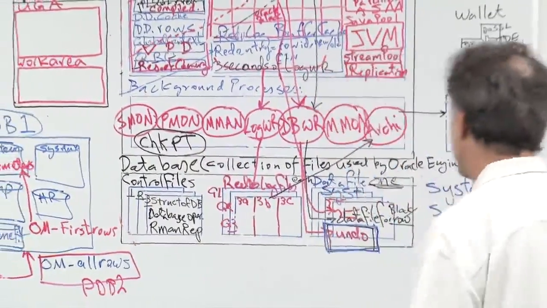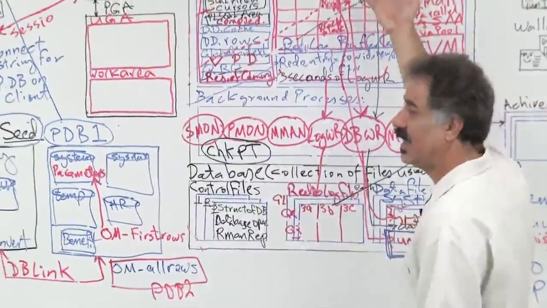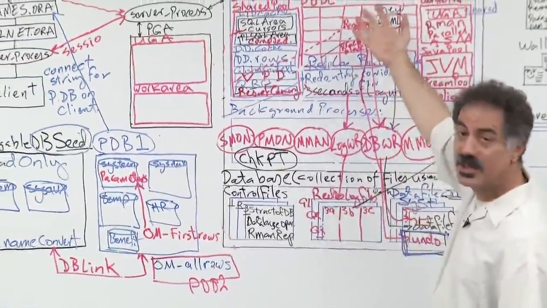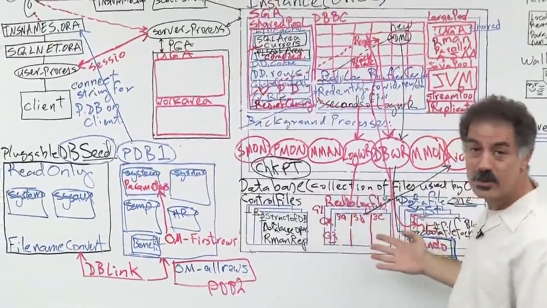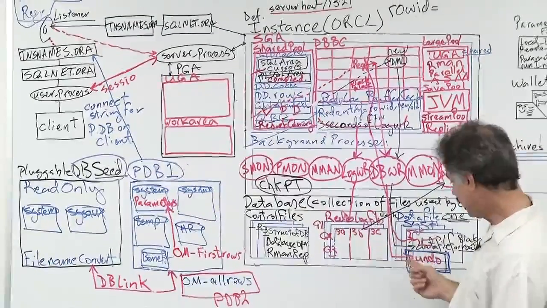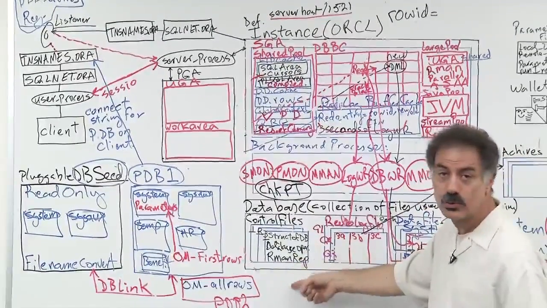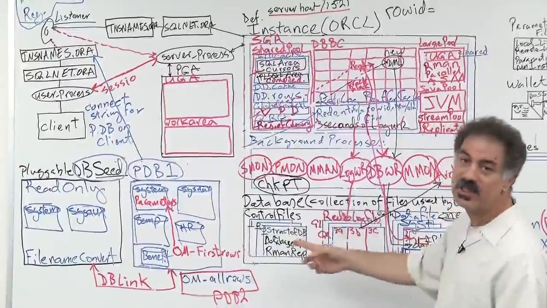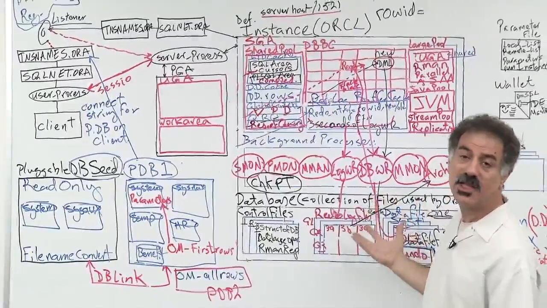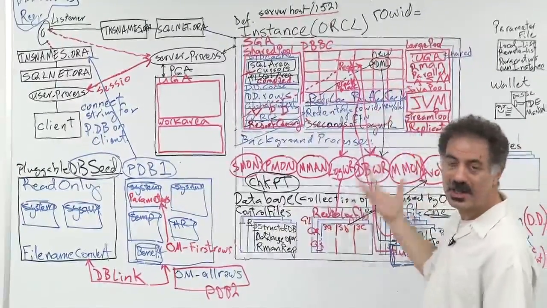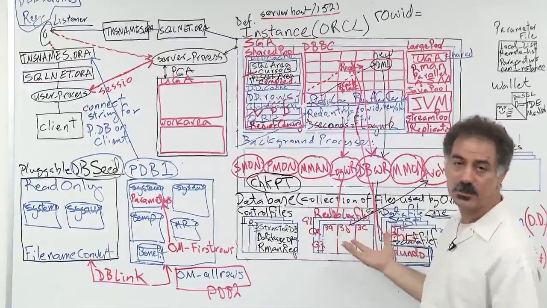So just a quick review. The container has the main database, my instance, and the main database has the redo files, has the undo, and has the control file. There is only one set of these files existing at each container because that manages my instance and all of the database operation.